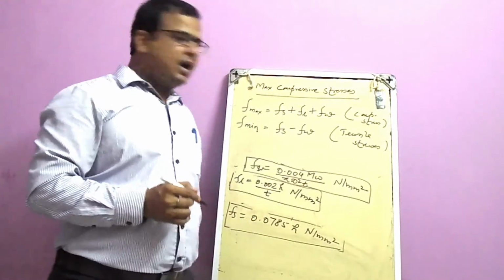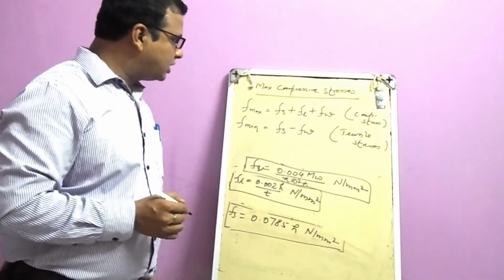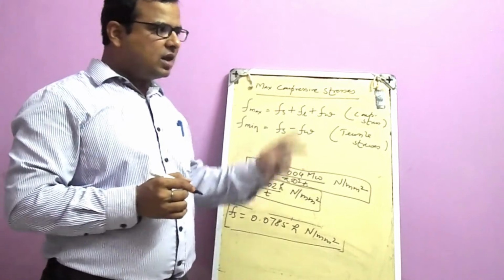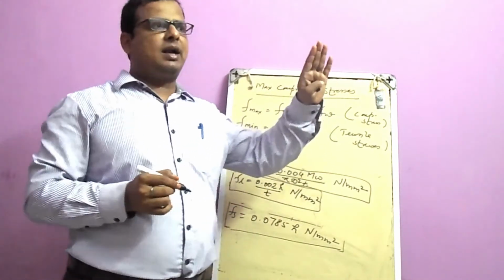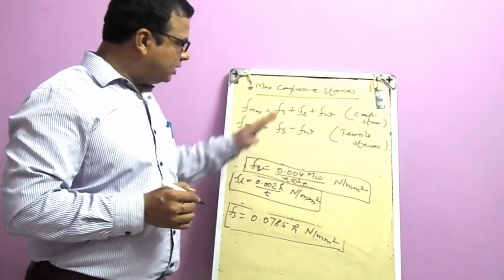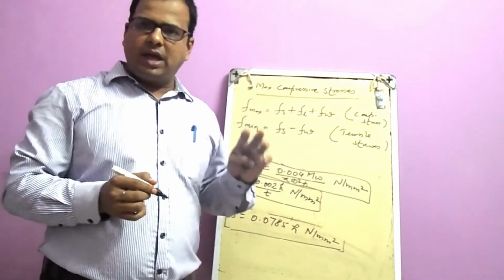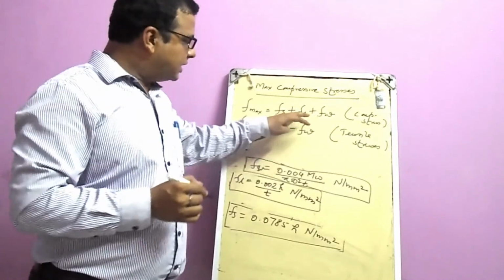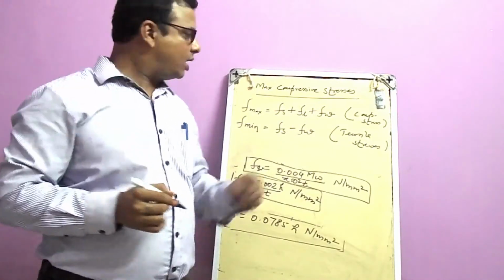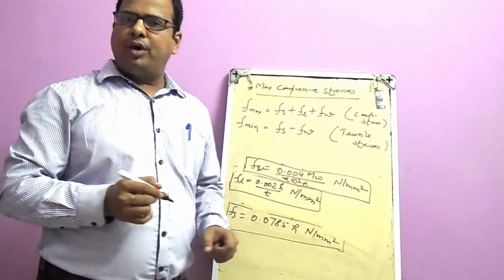Here we have neglected the weight of lining or stresses due to lining, because when the wind force acts as a lateral force, the lining will not contribute to the stability. So hence we generally neglect it at the time of the minimum stresses.